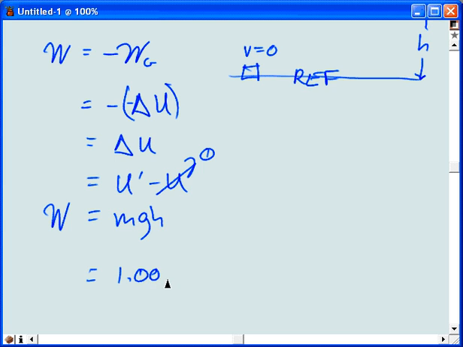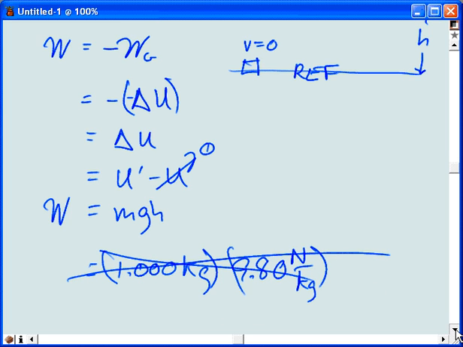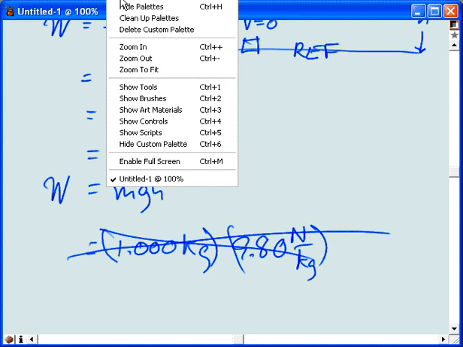The mass was 1 kilogram. I think it might have been given to 3 sig figs, and 9.80 newtons per kilogram for a gravitational force constant. And then the h, oh, we're solving for the h. Okay, forget that.